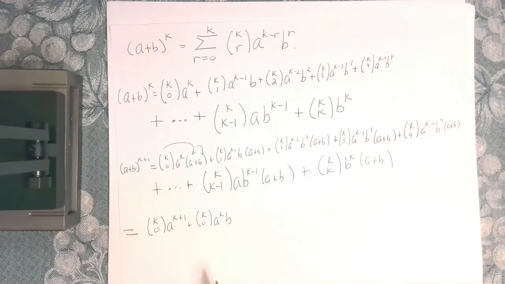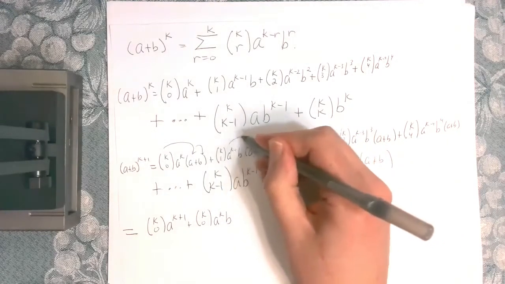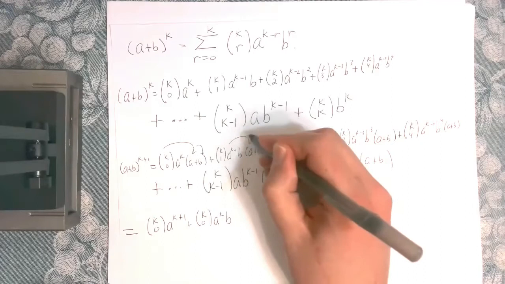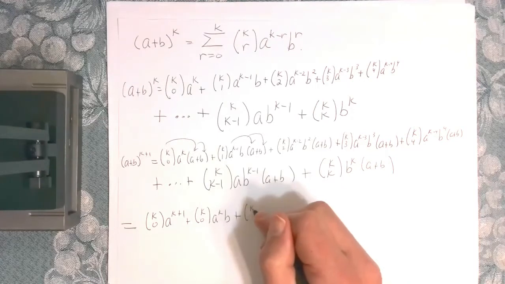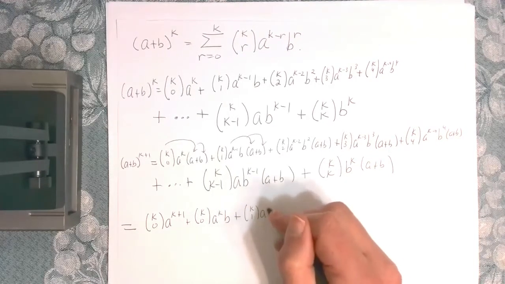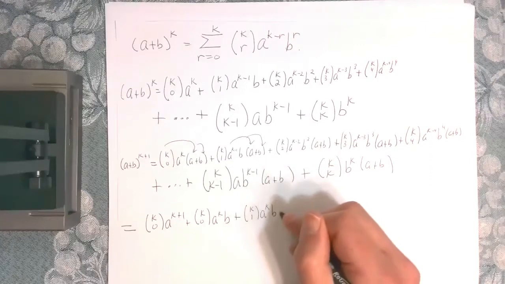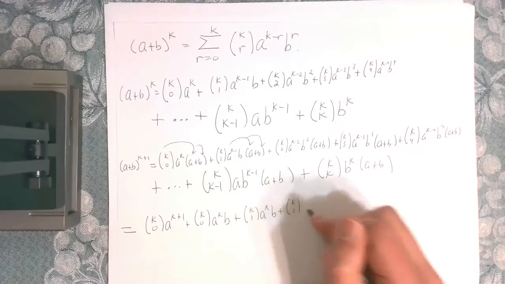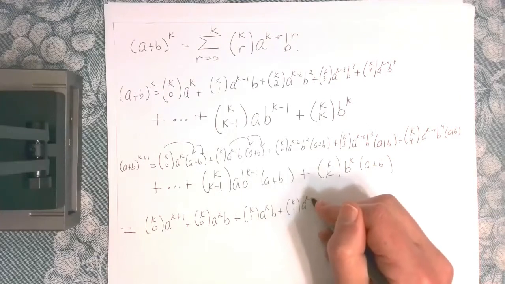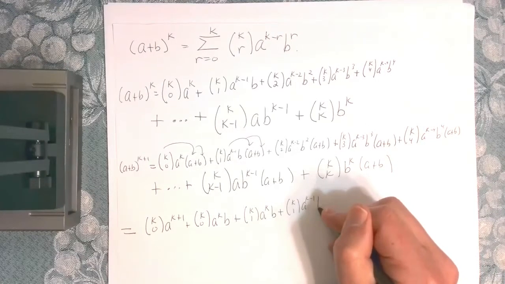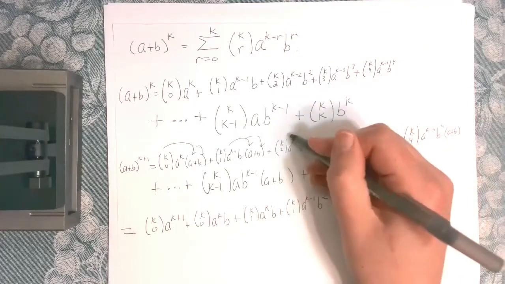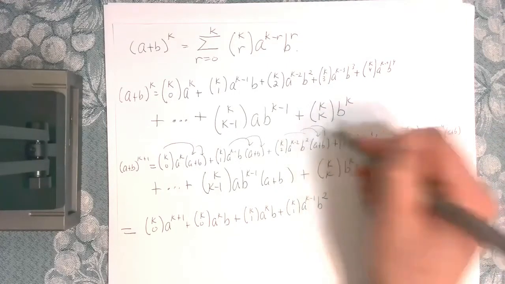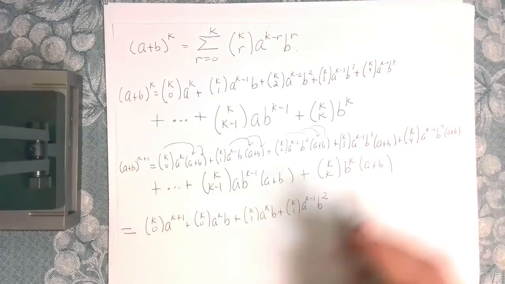Okay, let's do some more. Let's now distribute this. So let's see here. What is that? That's k choose 1, a to the k when you add exponents, times b, plus k choose 1, a to the k minus 1, b squared. I'm just going to distribute this over the first, but you realize we keep distributing all the way down, right?